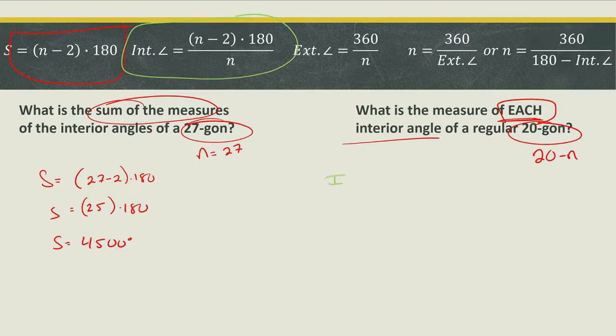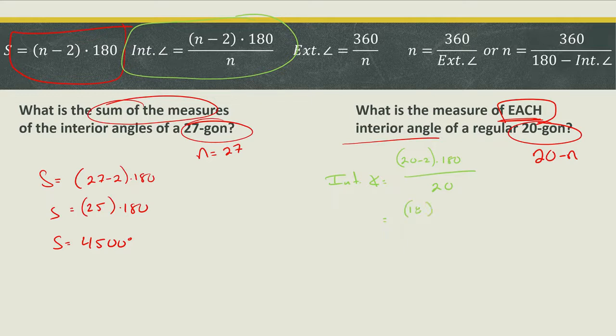So we have our interior angle is equal to n, which in this case is 20, minus 2 times 180 over n, which in this case is 20. And then from here we simplify or put it in the calculator.